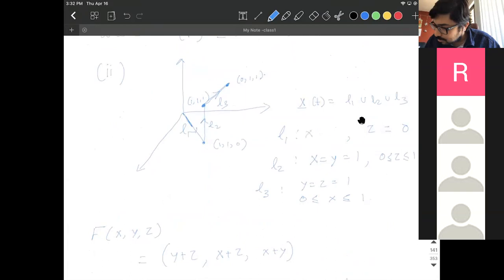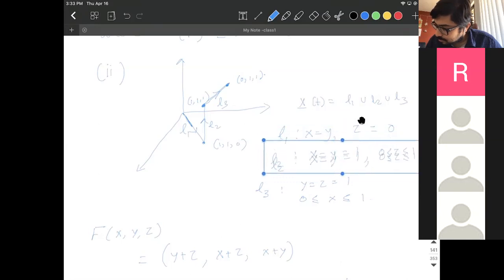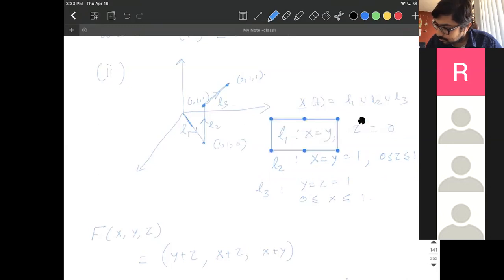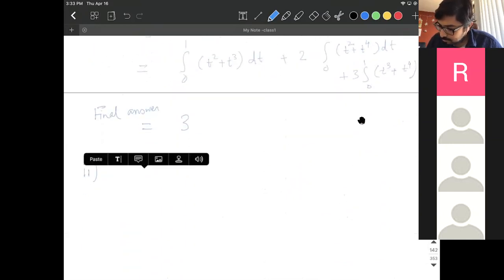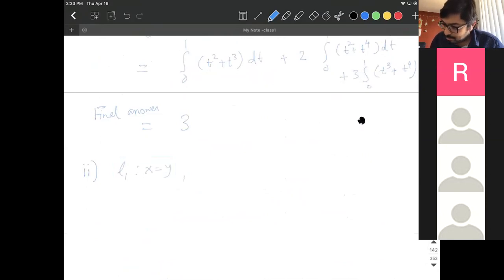Sorry about that. So this is x equals y. Okay, let's try once again. What exactly do I want? Okay. Yay, good. So this is the first line. Okay.